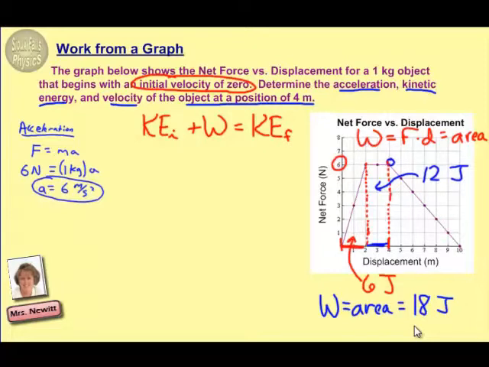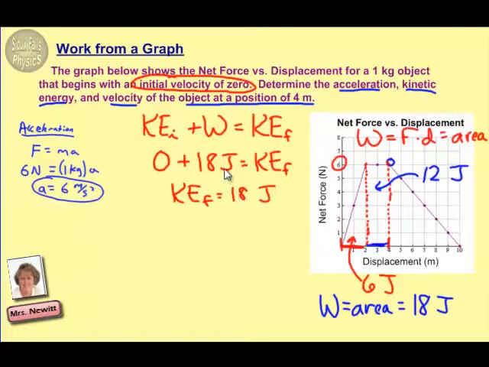So if our object begins with an initial velocity of 0 and 18 joules of work has just been done, then that means that the final kinetic energy must be 18 joules, since that is the amount of work that was done on it before it reached 4 meters on the graph.